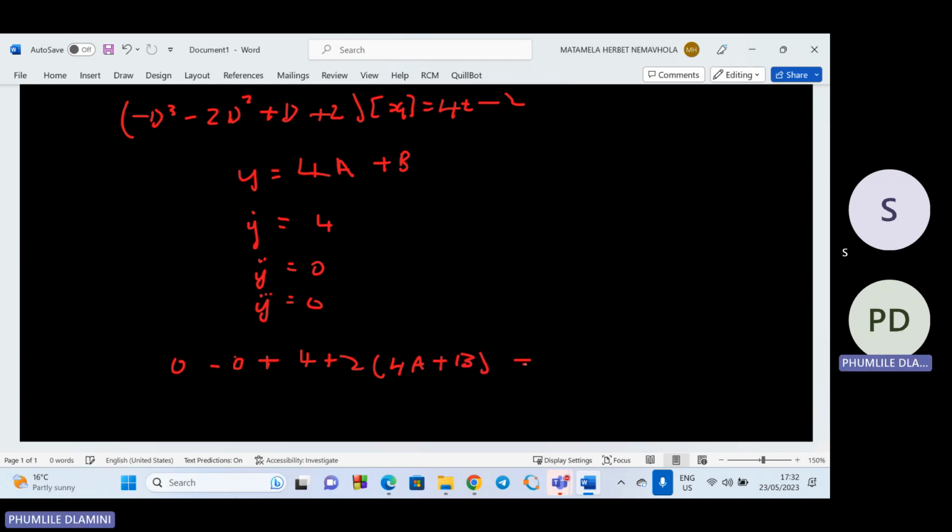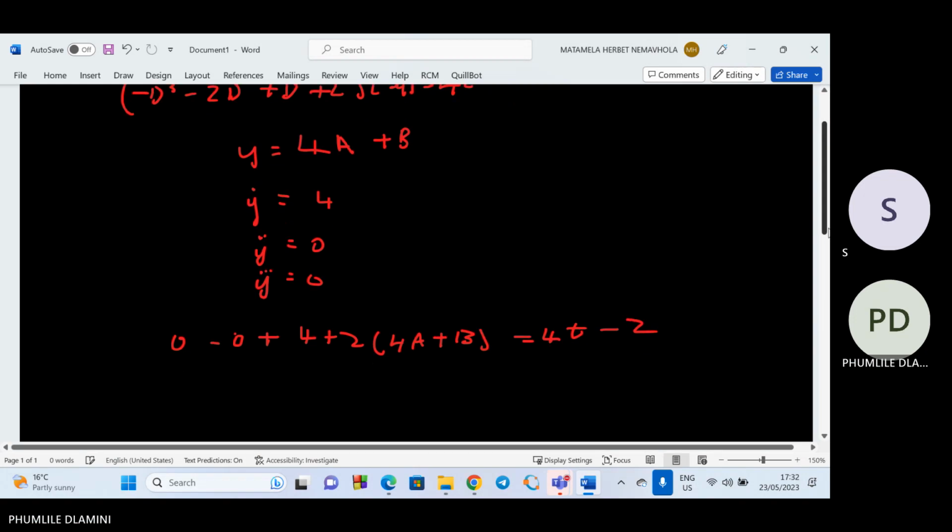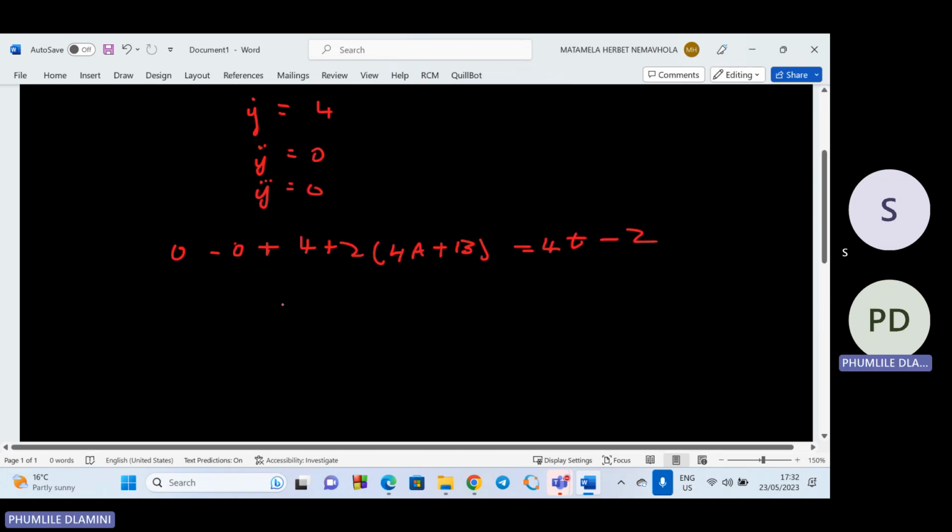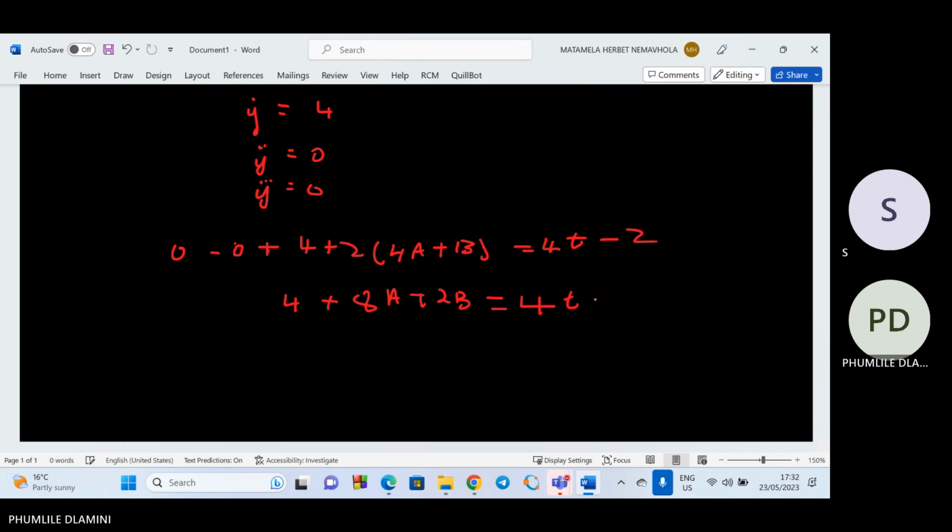So we know that this is going to be equal to 4t minus 2. So now we're going to be left with 4 plus 8a plus 2b, which is equal to 4t minus 2.